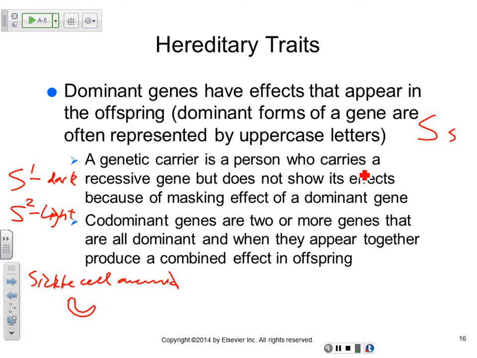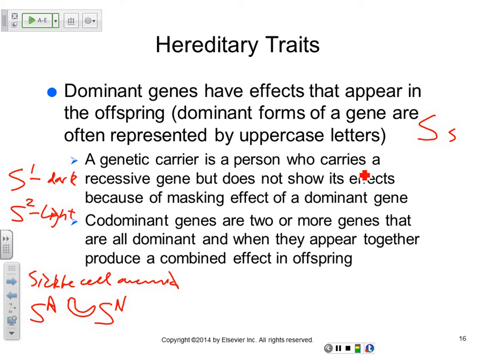All right? So if somebody inherits a gene for sickle cell, okay, sickle cell. I can't keep on using S. You know, but I will use it. Okay, sickle cell A, and then a normal gene. Okay, so they're both dominant, right?